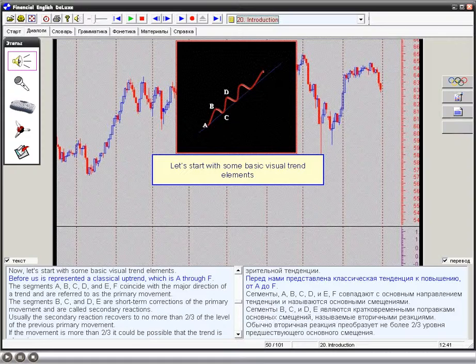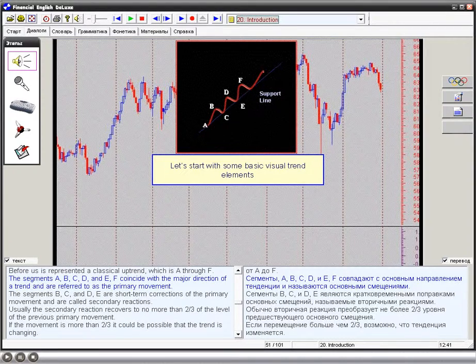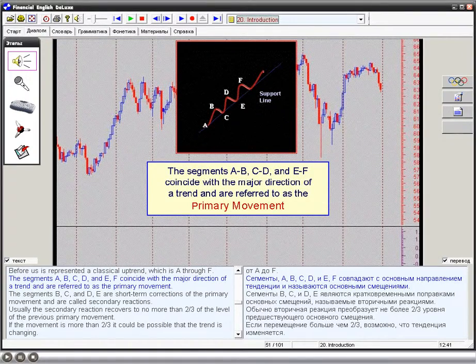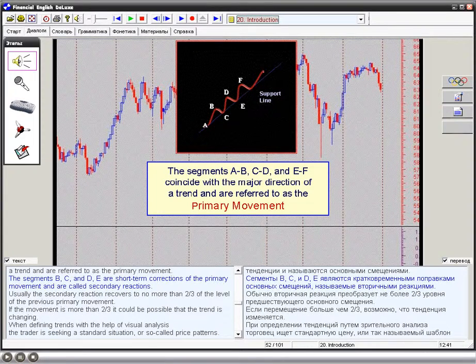Before us is represented a classical uptrend, which is A through F. The segments A, B, C, D, and E, F coincide with the major direction of a trend and are referred to as the primary movement.